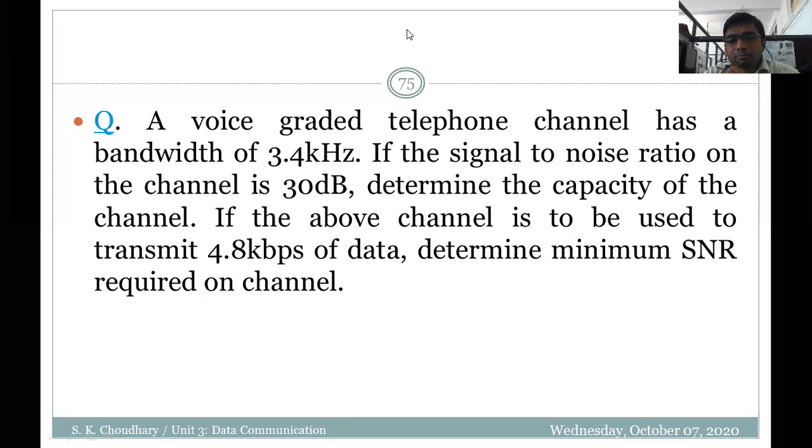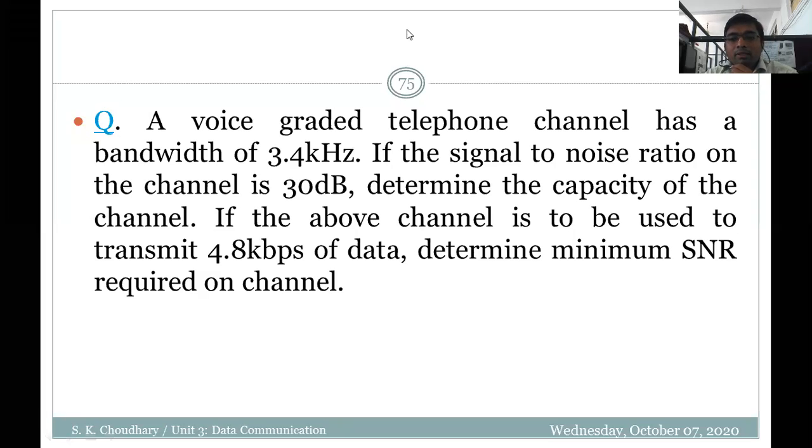If the above channel is to be used to transmit 4.8 kbps of data, determine the minimum SNR required on the channel. So there are two questions involved in one question here. It is a very practical problem for telephone channels.